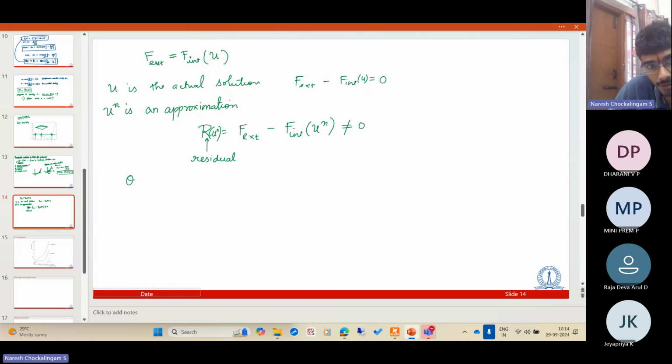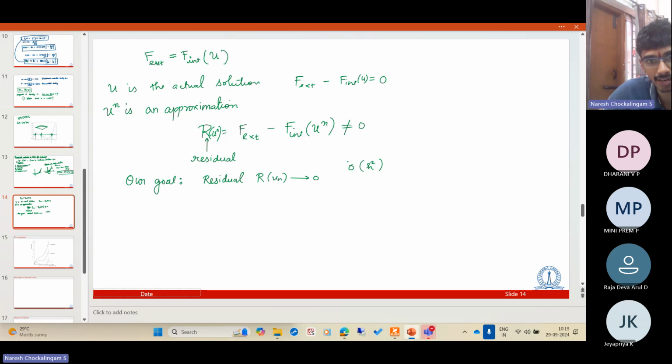So in nonlinear problems, our goal is to take the residual r of un to 0. And if we are really lucky, it may directly hit 0. But in reality, it never hits 0. We'll go very close to 0, but we'll never reach 0. But the convergence will be very fast. The convergence is of second order, so it's order h square.